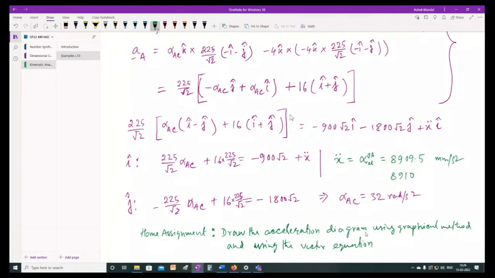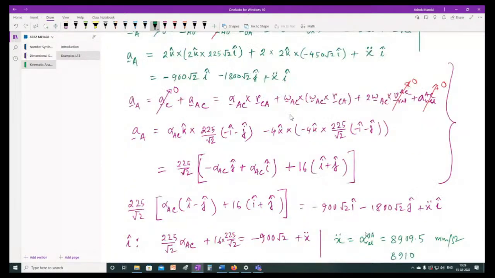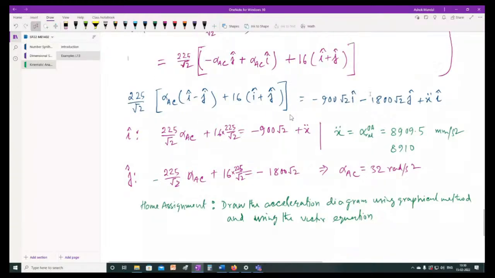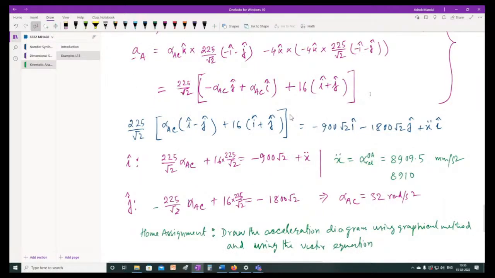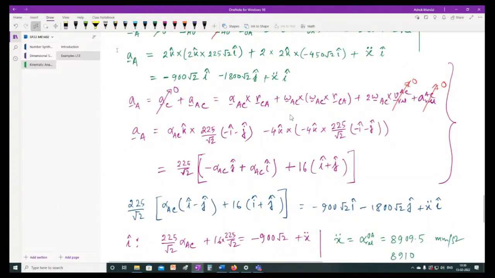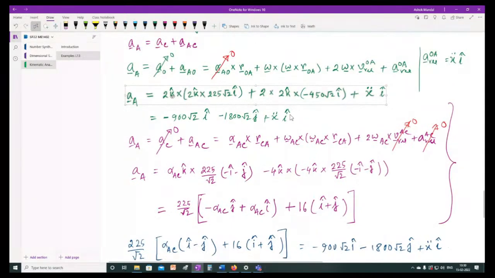Do that, and then you just use this relation. When you use this relation, or you can go further, you can start from here, so that you know which one is which component.